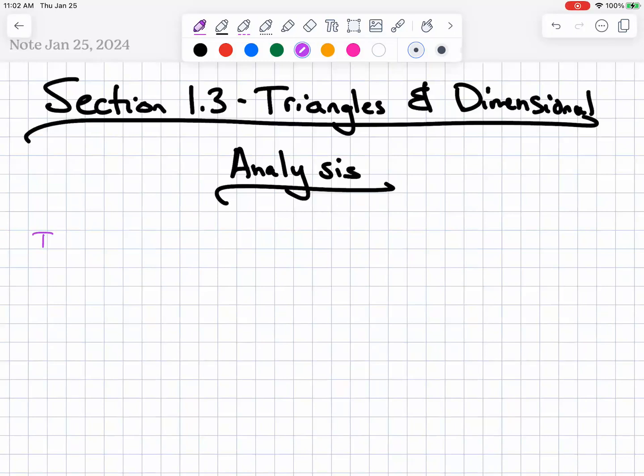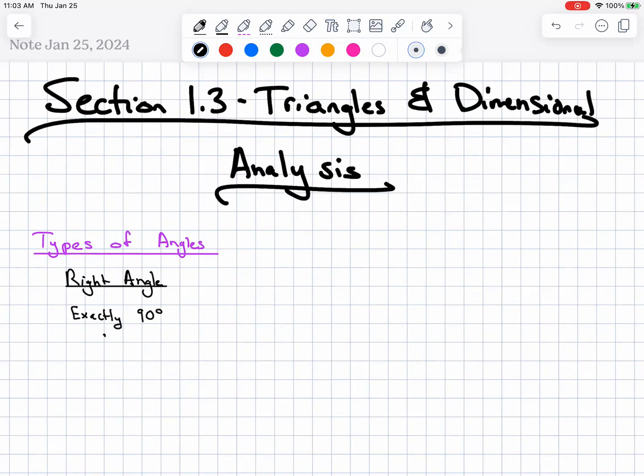So first thing is types of angles. There are three main types of angles, which are the right angle, once again, if you know this stuff, awesome. If you don't, no big deal. This is exactly 90 degrees.